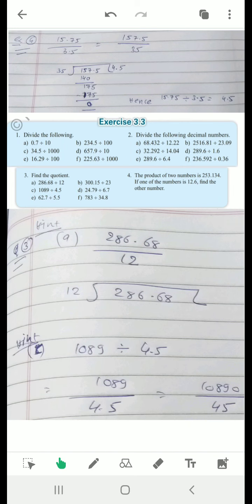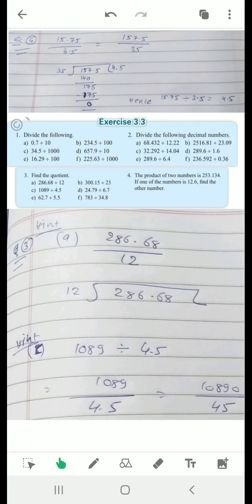Now I will put the decimal after 1 digit in the numerator, because in the numerator decimal places are 2 and in the denominator decimal places are 1. 2 minus 1 is 1. So we put the decimal in the numerator after 1 digit, and then we do simple division, 157.5 divided by 35, and we will get our answer.